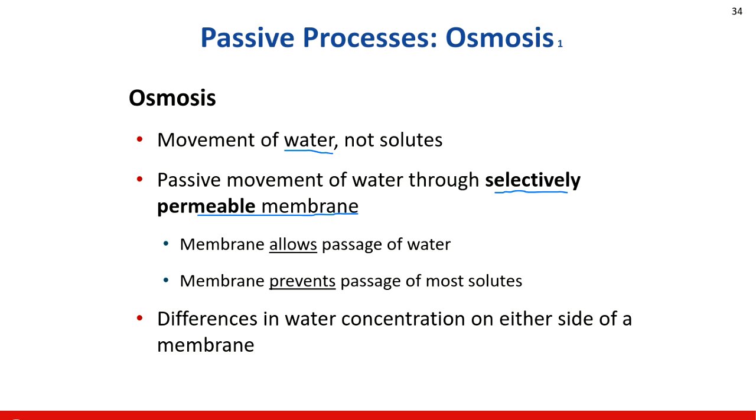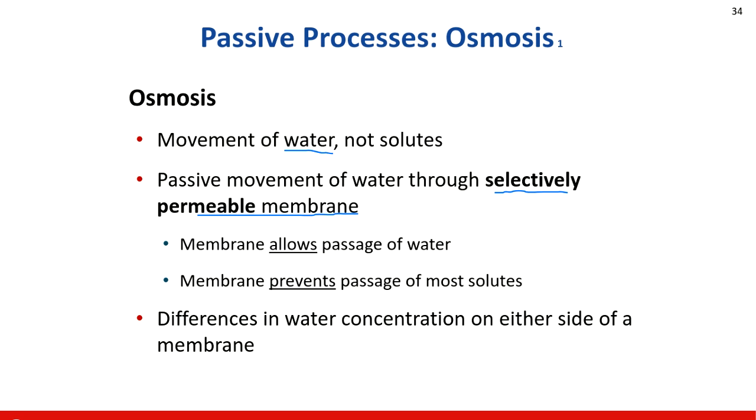For our purposes, guess what our selectively permeable membrane is going to be? You guessed it, the plasma membrane. Okay, plasma membrane is our selectively permeable membrane. So the plasma membrane is going to allow water to move right across, but it's going to prevent the movement of the solutes, the other stuff. Okay?